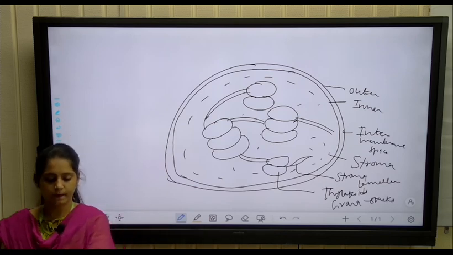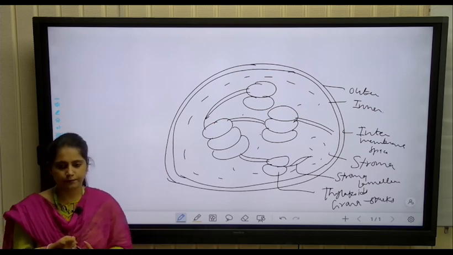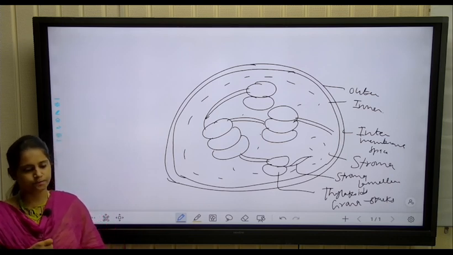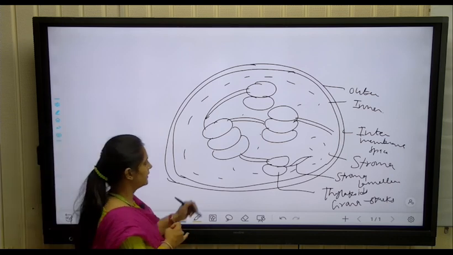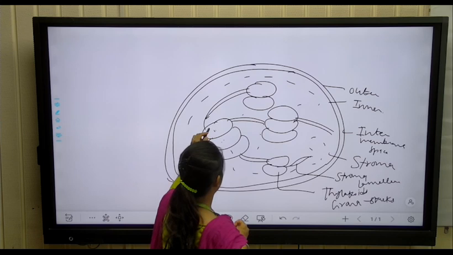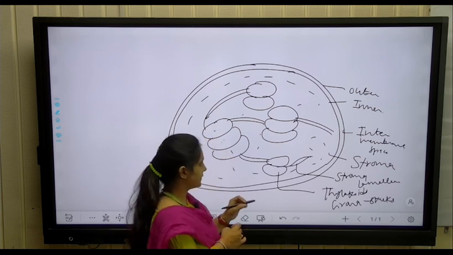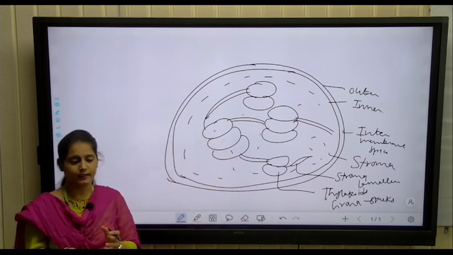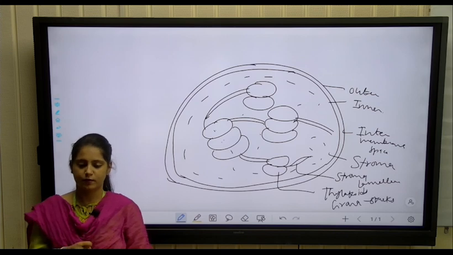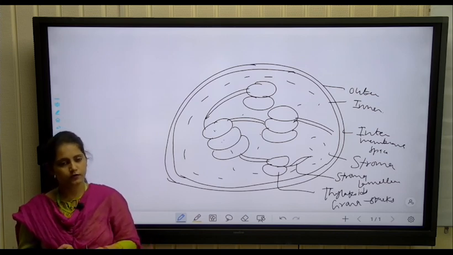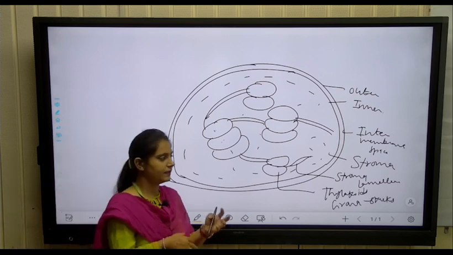So, grana is the prime location for the presence of chlorophyll. In these stacks there is chlorophyll pigment, the green pigment that is mainly responsible for the process of photosynthesis, for capturing the light.